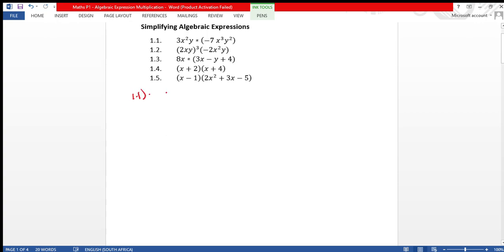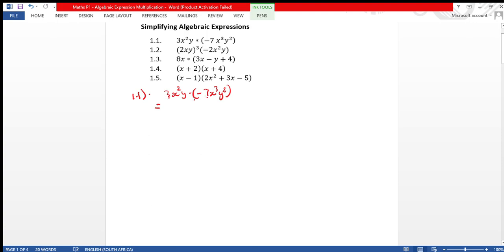1.1, we have 3x squared y multiplied by minus 7x cubed y squared. When you're doing multiplication, you multiply the like and the like first.